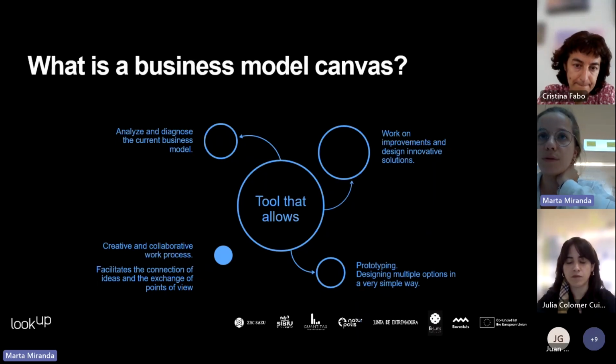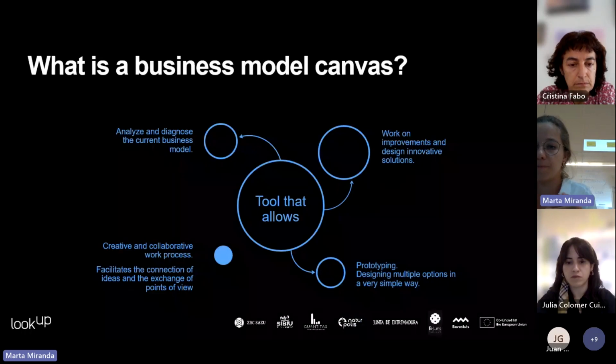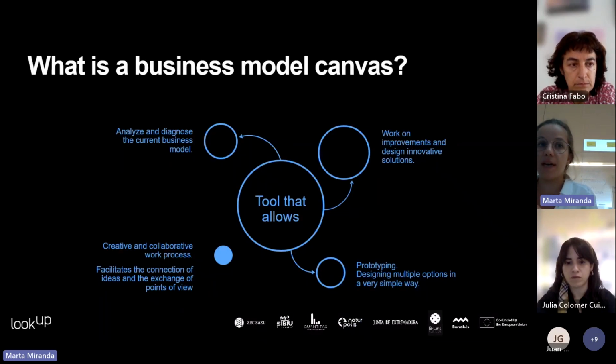It's a very useful tool that will allow us to analyze and diagnose the current business model. We're going to see at a glance how our business is right now: if we know our customer, if we are communicating with them well, if we have a nice cost structure and revenue structure.